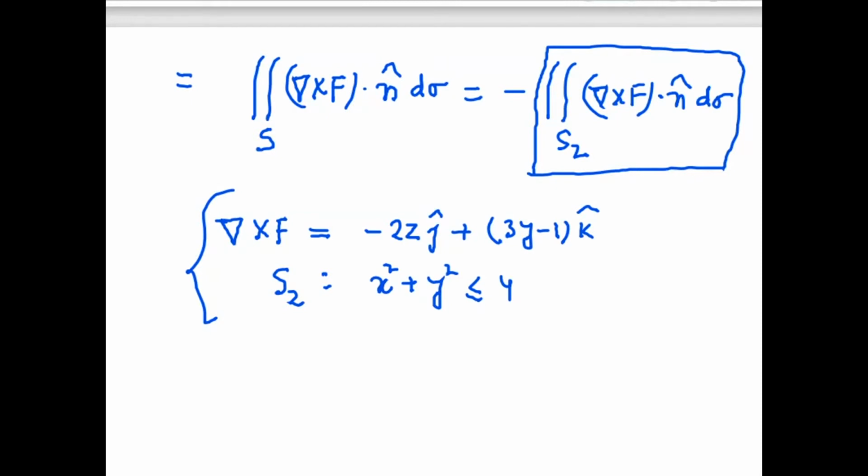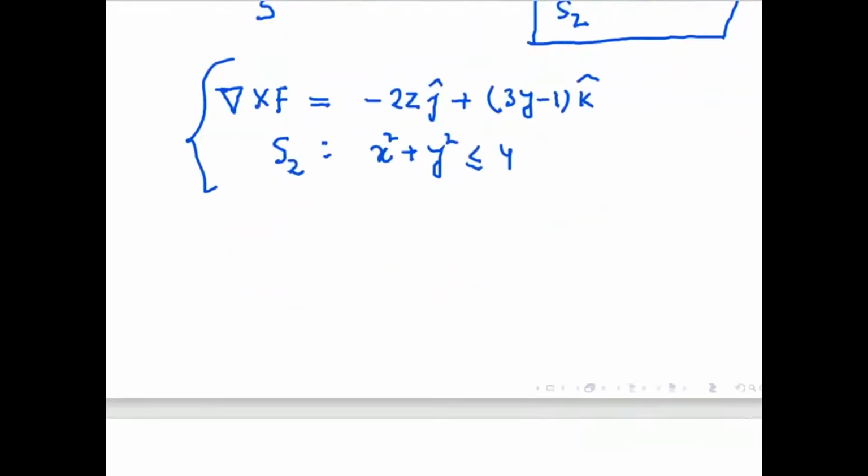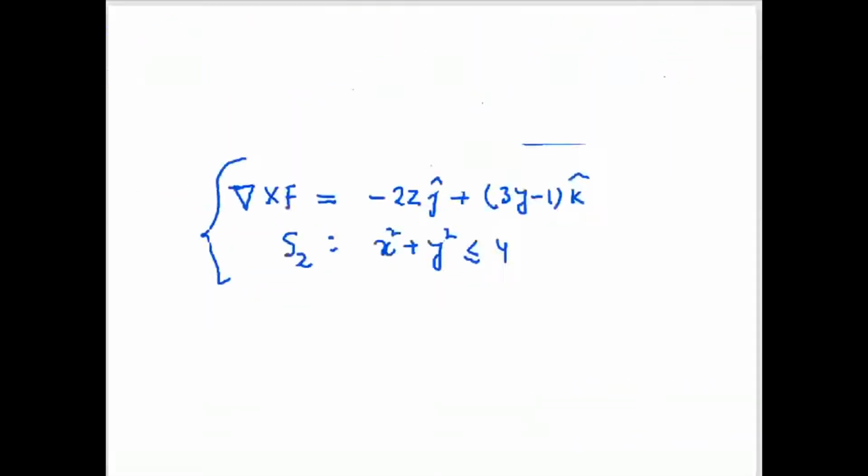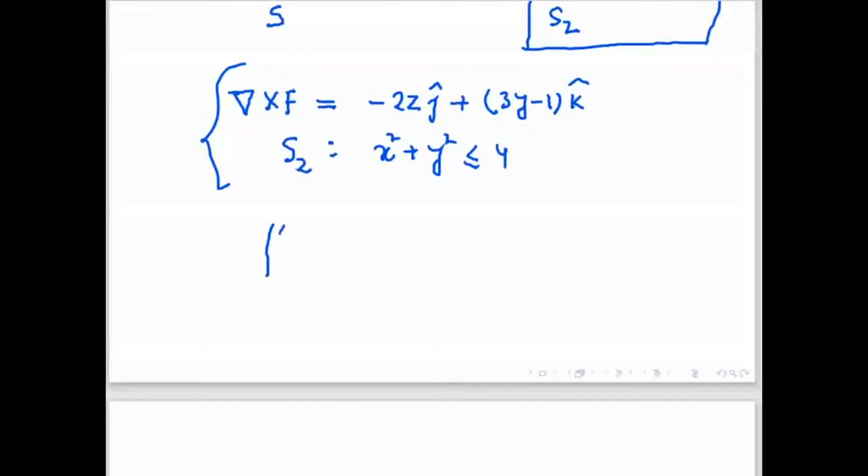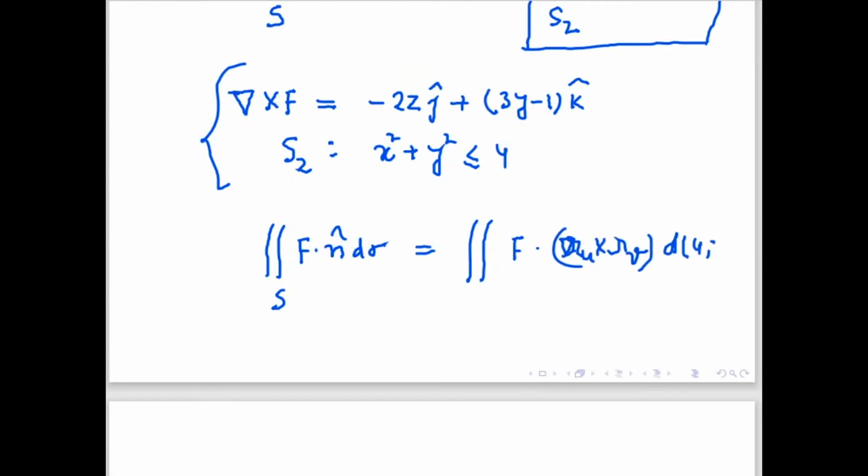So we will do the parameterization of this surface S. In terms of parameterization, the formula for the surface integral of f dot n d sigma is the same as the double integral of f dot ru cross rv du dv, depending on the limits of u and v, and we will get this surface integral.